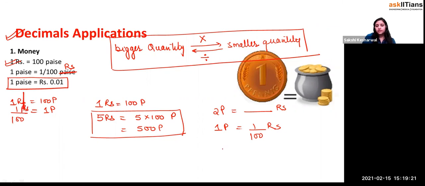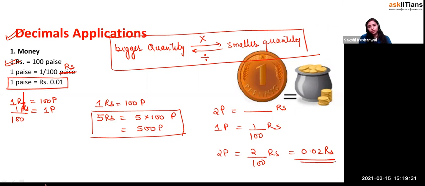So can I say that 2 paise will be equal to 2 by 100 rupees, and can I say this as 0.02 rupees? Yes or no? So this is called the conversions.